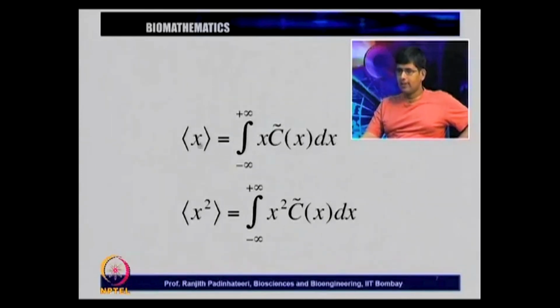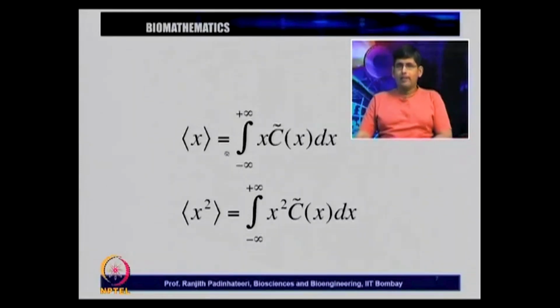This is some kind of a normalized distance, do not worry about this. Let us define some quantities called x average and x square average. What does this essentially mean? We will discuss what this physically means, but we can always define x average and x square average in this particular manner.